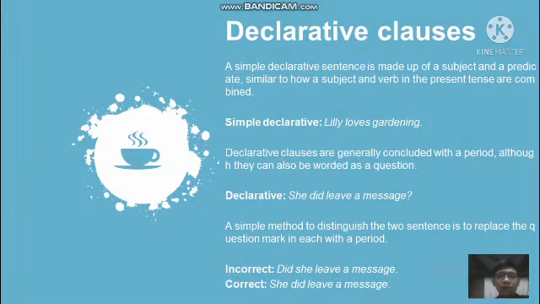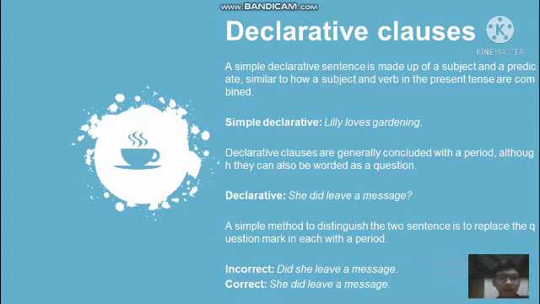A simple declarative sentence is made up of a subject and a predicate, similar to how a subject and verb in the present tense are combined. For example, we have "Lily loves gardening."